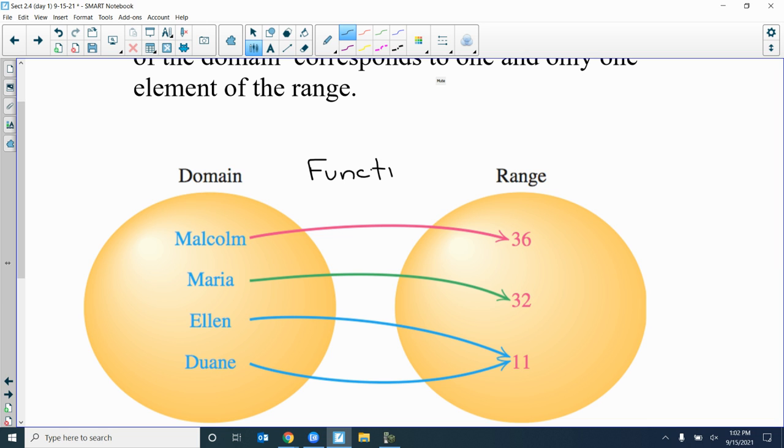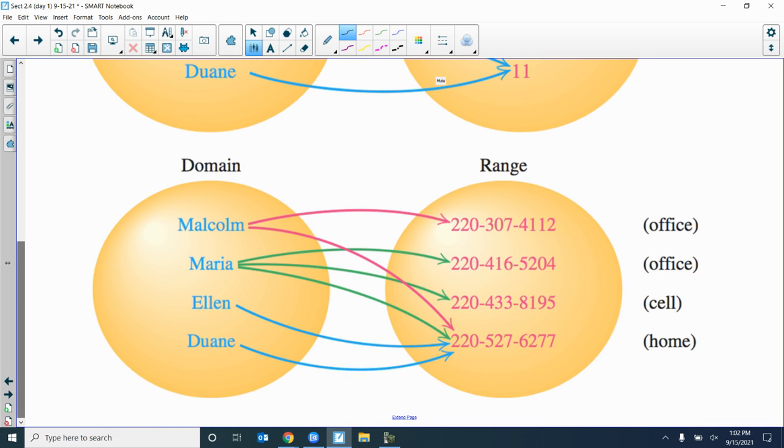That is a function. The next case there to the right is not a function, because Malcolm is paired with 2 numbers, Maria is paired with 3 numbers. So once one person is paired with more than one number, it's not a function.